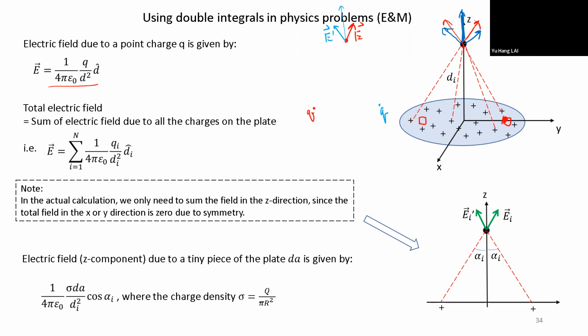So you add up this and this, and you must get an electric field that just goes up. And if I take this region, where you get an electric field that goes into the page, you can always find a complementary part of the plate which gives you an electric field pointing out of the page. So all I'm saying is that you just need to add up the z component of every tiny part of the plate.